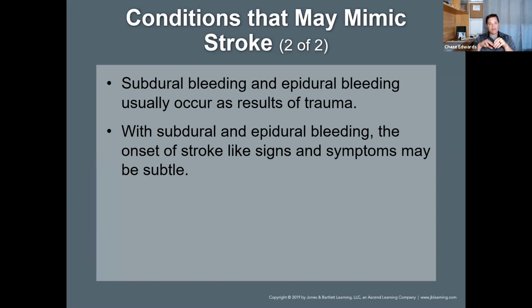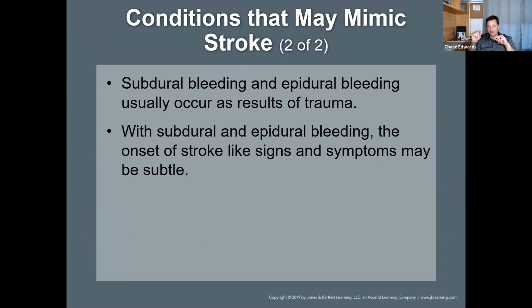So a patient with hypoglycemia may look like a patient who's experiencing a stroke. A patient with postictal state may appear to be experiencing a stroke. Subdural bleeding and epidural bleeding usually occur as a result of trauma, right? The dura, it's a leathery covering over the brain next to the skull.